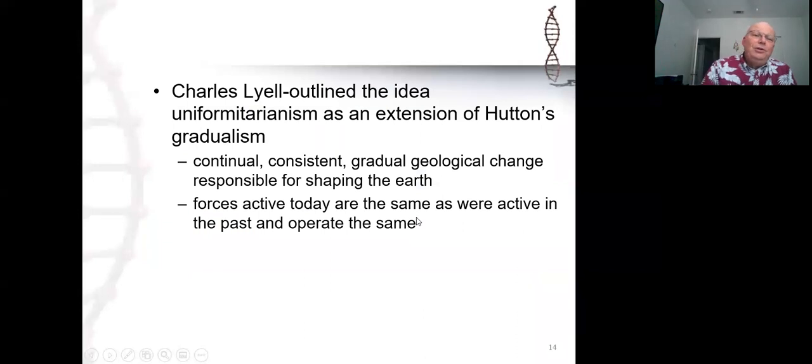So the other person who is central to the geological thinking as far as Darwin and Wallace are concerned is Charles Lyell. And I've already indicated that he was the most famous geologist of his time. And he wrote a 3-volume work, Principles of Geology, that formed the foundation of modern geology as we know it today.